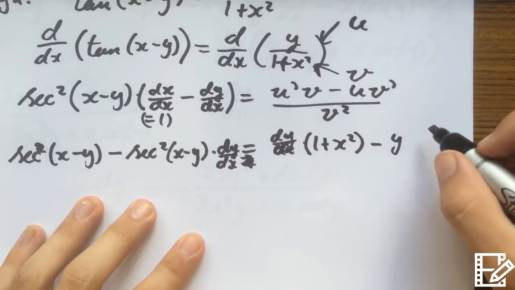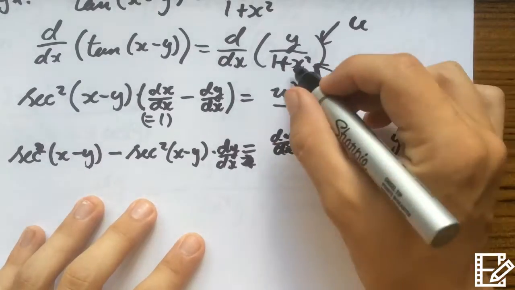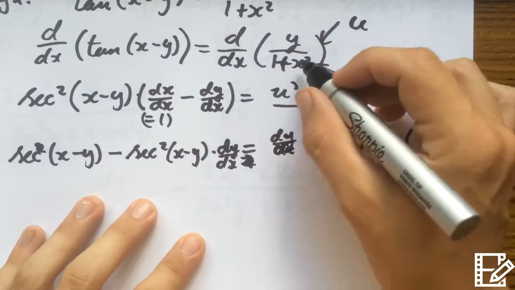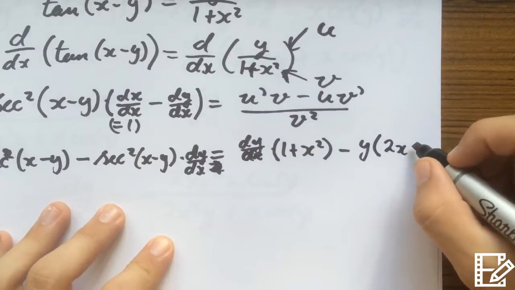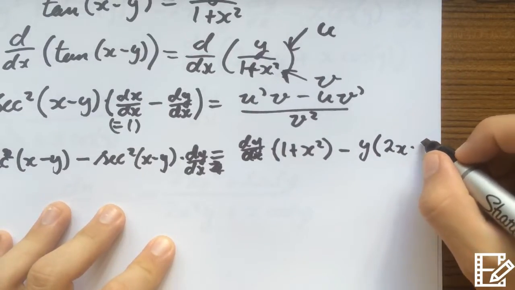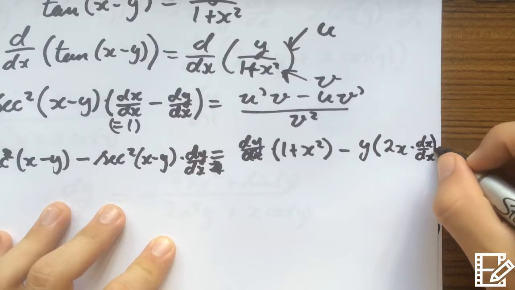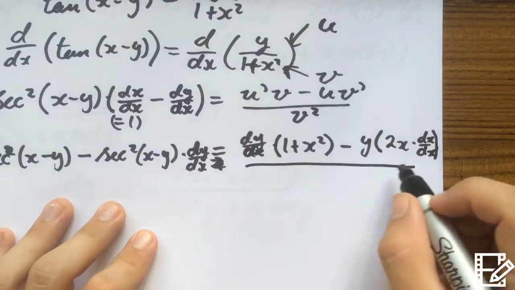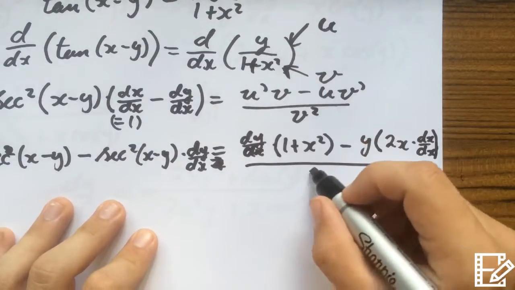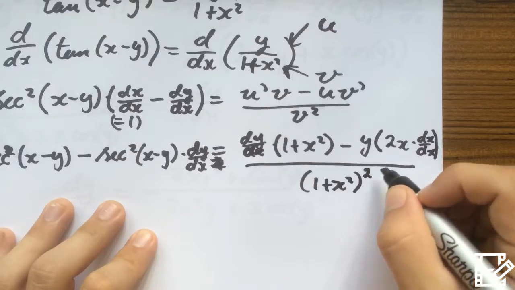Now the derivative of 1 is 0, plus the derivative of x squared is 2x multiplied by the inside, which is dx over dx. Okay, all over v squared, that is 1 plus x squared to the power of 2.